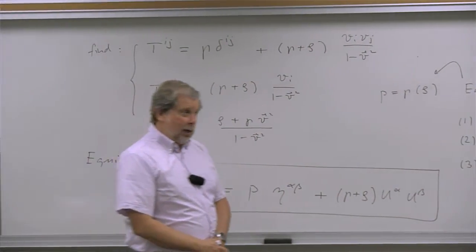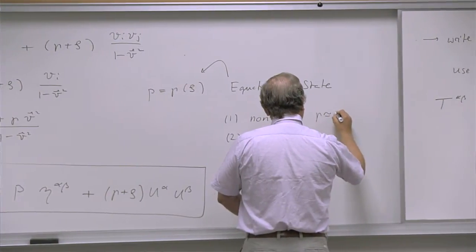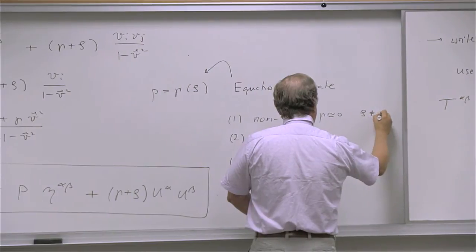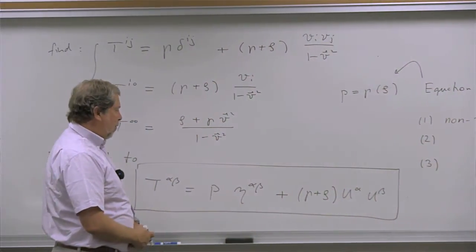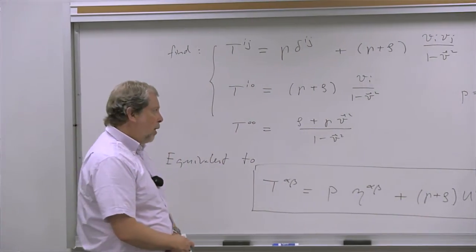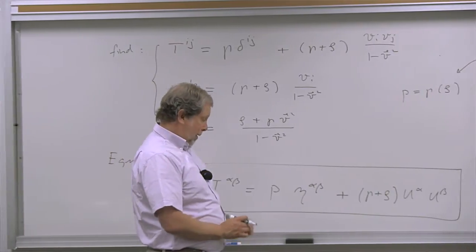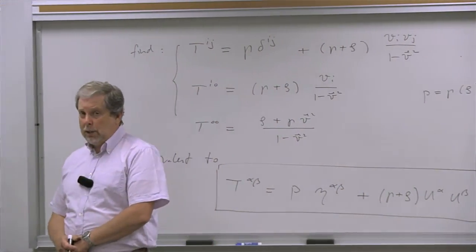So if the effects of relativity are not that important, then P is 0, and you just have a density which is non-zero. So in a non-relativistic fluid, the P term is quite negligible, and then we just have this rho part. So it gets even simpler.